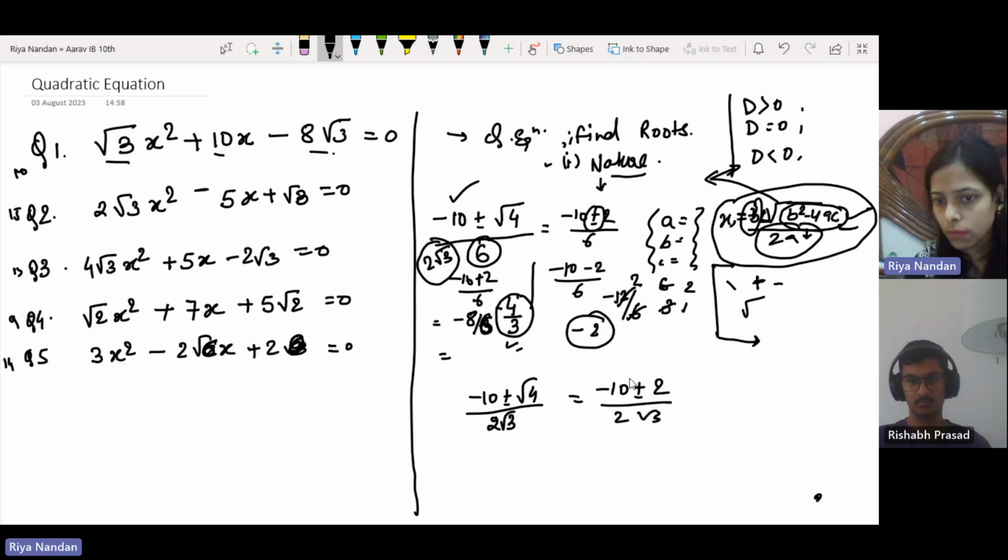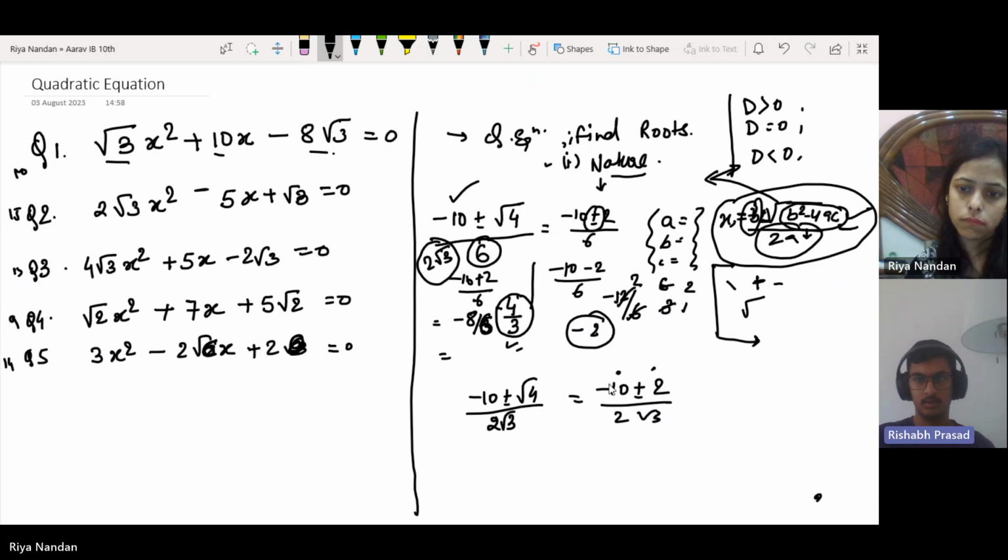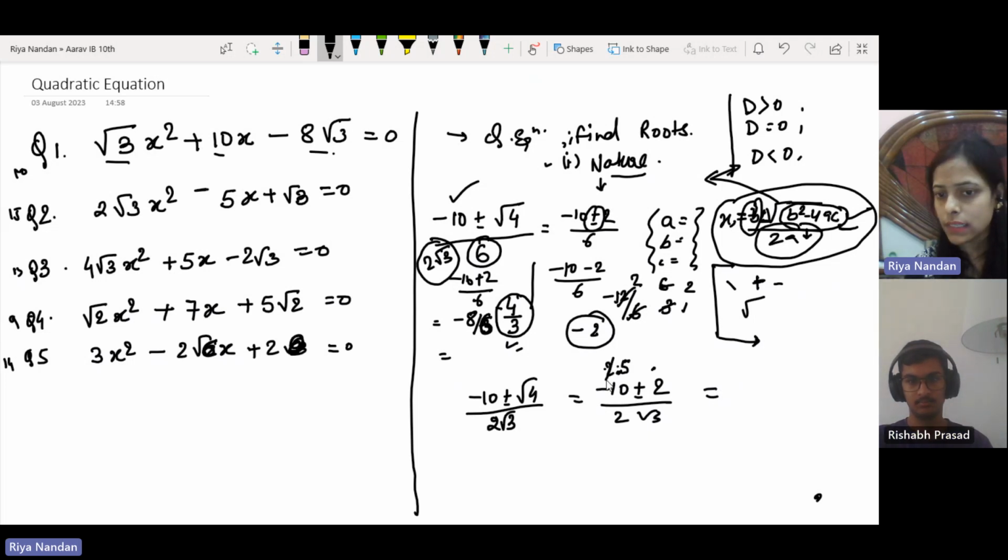Yes. So what are the common terms in all three that you will cancel it out? They are multiples of 2. Yes. So now 2, and this 10 is 2 into 5, right? Yes. So we can cancel out 2, 2 and 2 from numerator and denominator both.